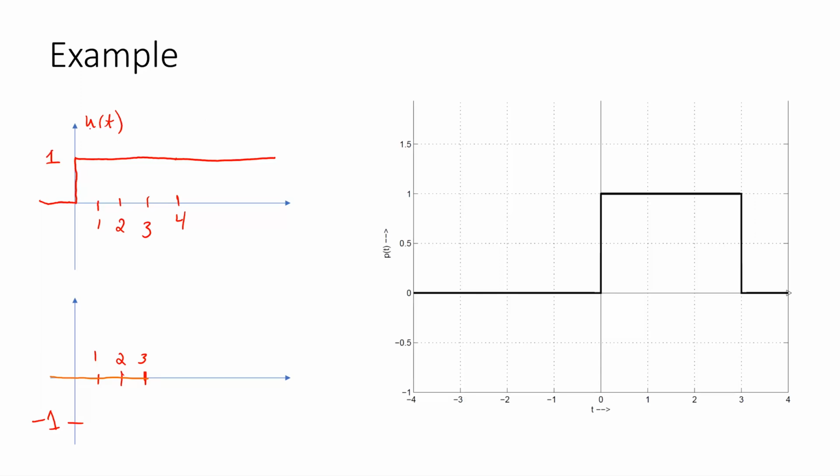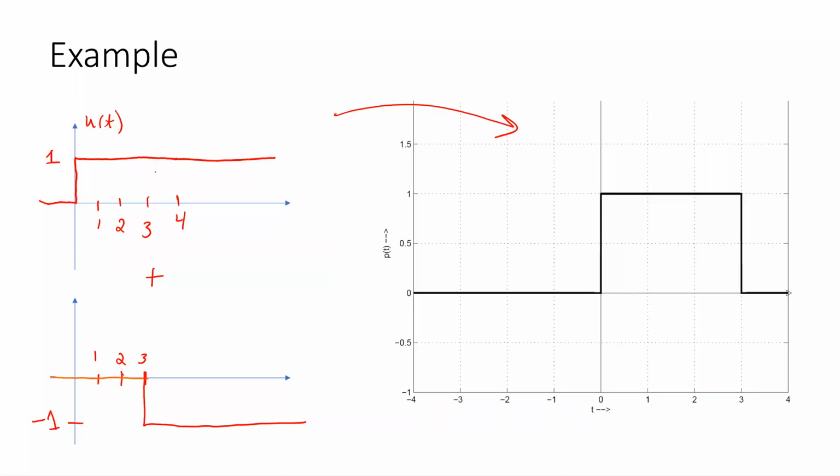What can I add to u of t to make it look like this picture? How do I get those 2 aligned? So if I added to this guy, let's say, that, then this function on top plus this function on the bottom would give me this. From t equals 0 to t equal to 3, I have 1.